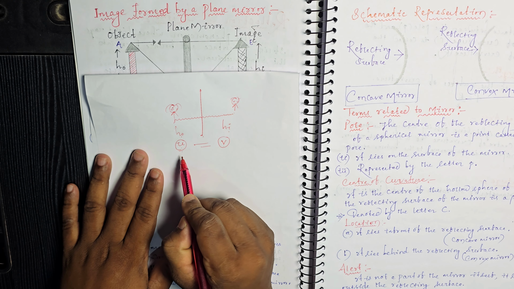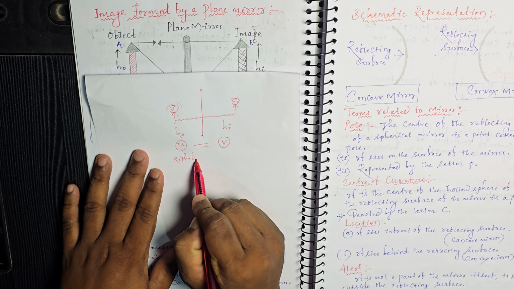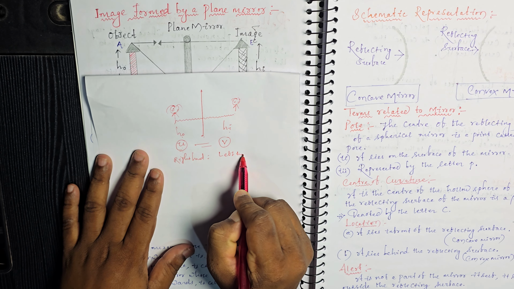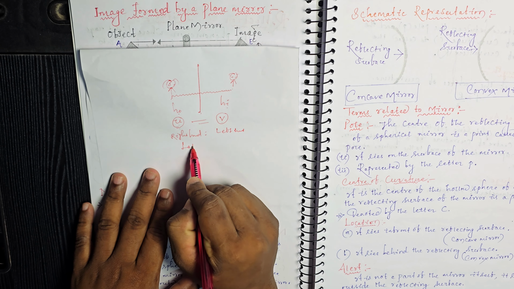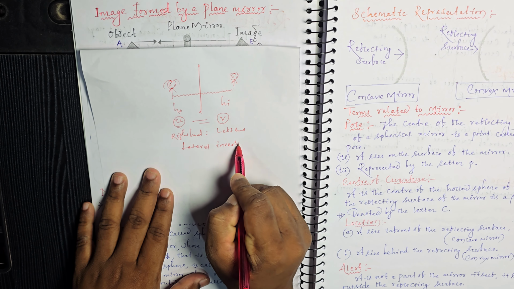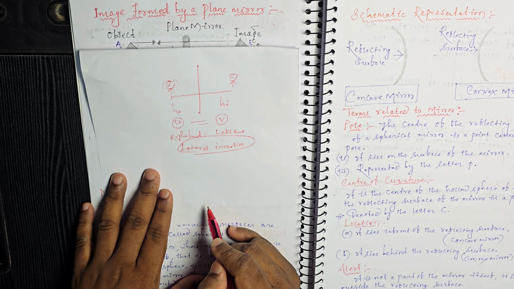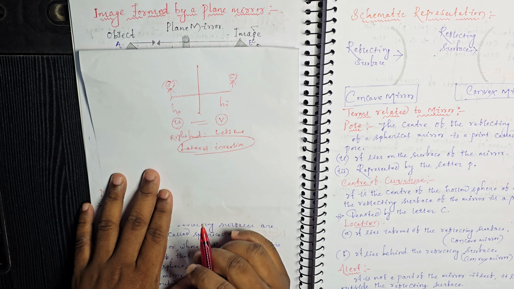Third point: if you show your right hand, the mirror will show your left hand, and this is called lateral inversion. What is lateral inversion? Because of lateral inversion, the word ambulance is written in the opposite way. You must have seen in some ambulances it is written in reverse order.